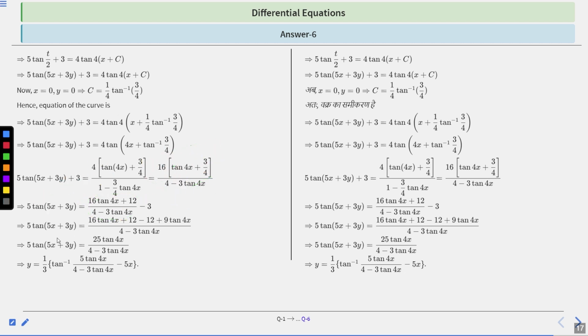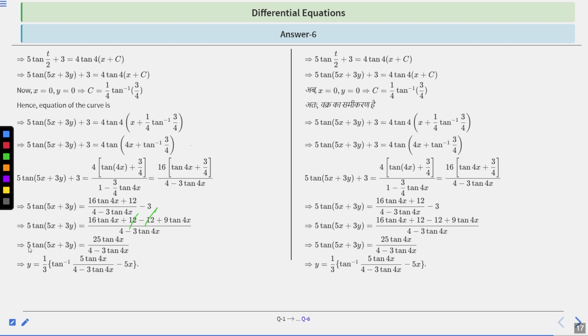Now after proper simplification you will get 5 tan(5x plus 3y) is equal to 16 tan 4x plus 12 minus 12 plus 9 tan 4x upon, in the denominator, 4 minus 3 tan 4x. This 12 and this 12 will cancel out. Therefore 5 tan(5x plus 3y) is equal to 25 tan 4x upon 4 minus 3 tan 4x. Therefore y is equal to 1 by 3.